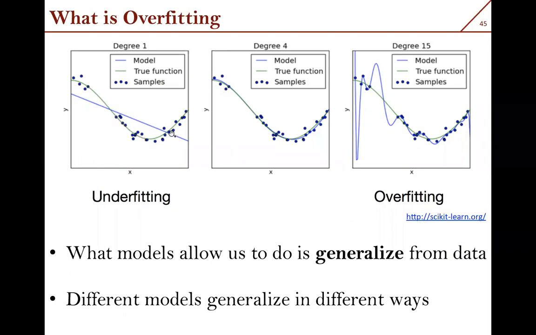The true function, or the closest to the true function, is this green line, that sinusoidal behavior. Now imagine if I had used a straight line model. Clearly, I am able to describe only one or two data points.